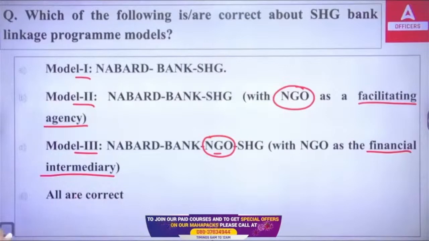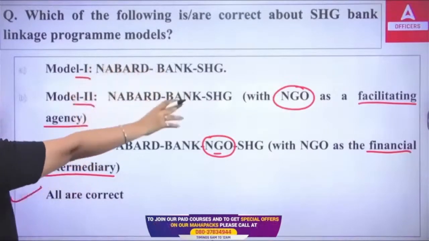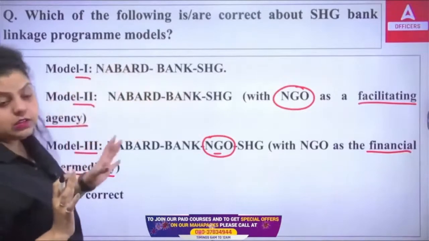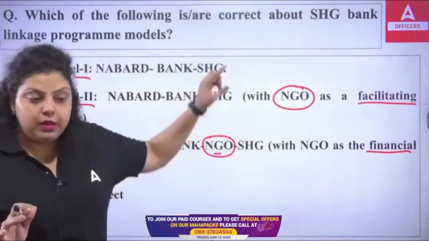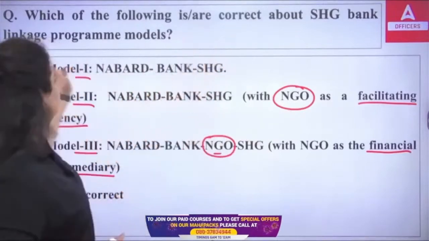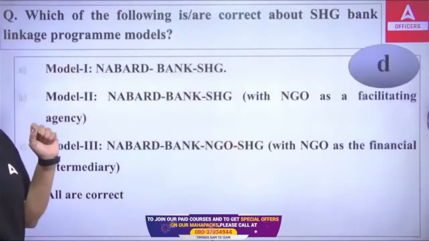The right answer here will be all are correct. Model 1 will not have NGO, Model 2 will have NGO but as a facilitating agency. Model 3 will also have NGO but as a financial intermediary. Do remember these are the 3 models under the self-help group bank linkage program. The right answer will be your D option.